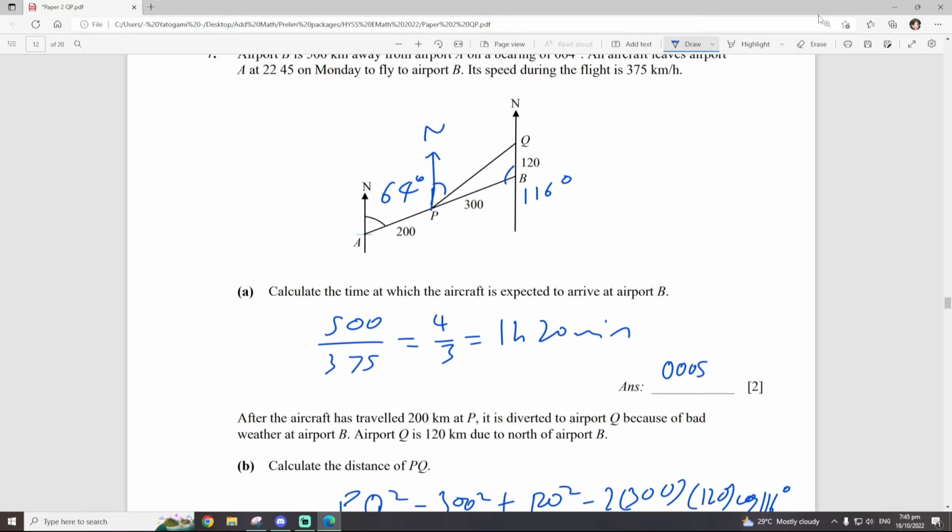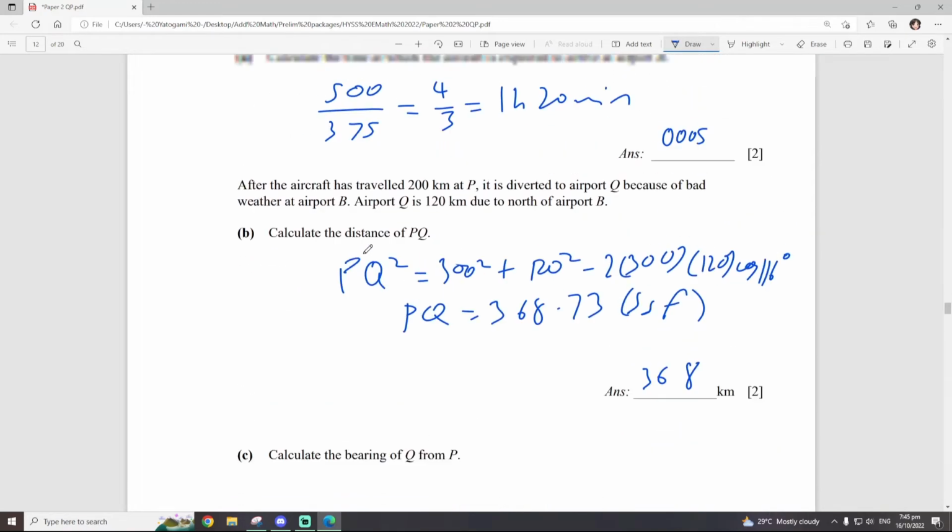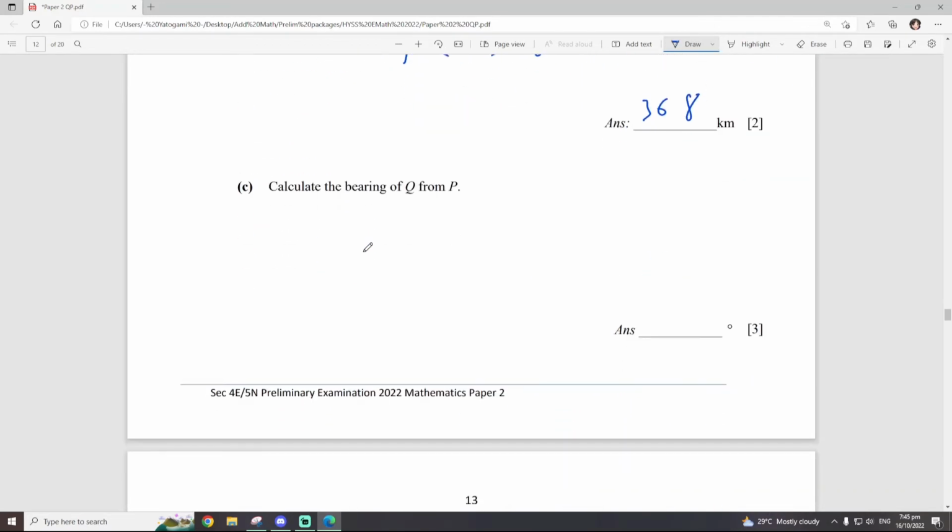We could calculate angle QPB, using the sine rule. We'll use the 116 degrees we just got earlier, and we need to compare the side lengths.